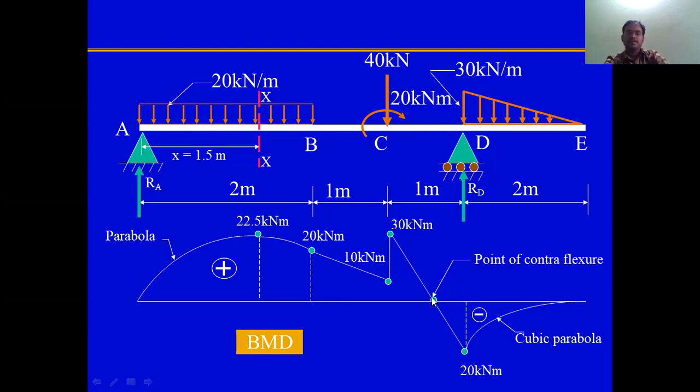This is the point of contraflexure, and we need to determine this point of contraflexure. Again, we need to consider the distance from D. Here it is A, and you can take the moment at this point as 0.